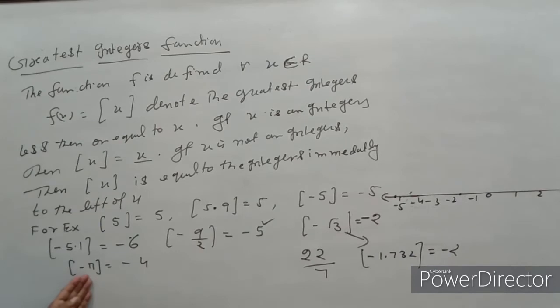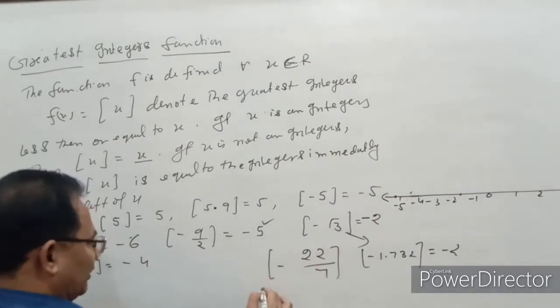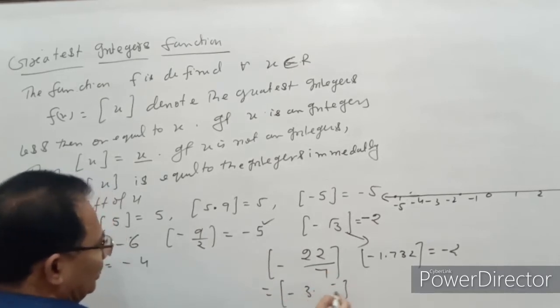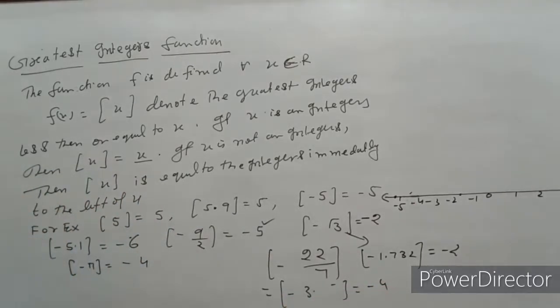Similarly if we take the value of minus pi, this is equal to minus 3 point something and so on, so therefore the left integer of that is also minus 4.